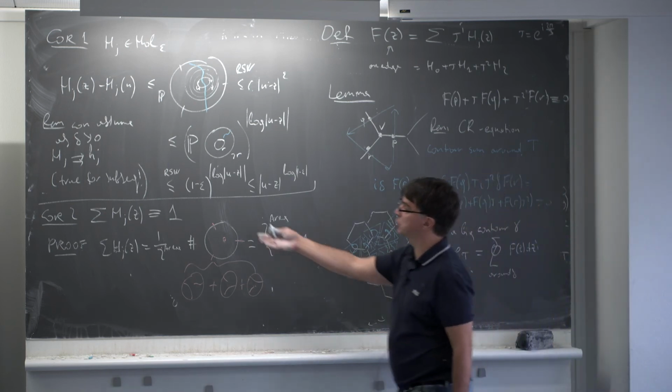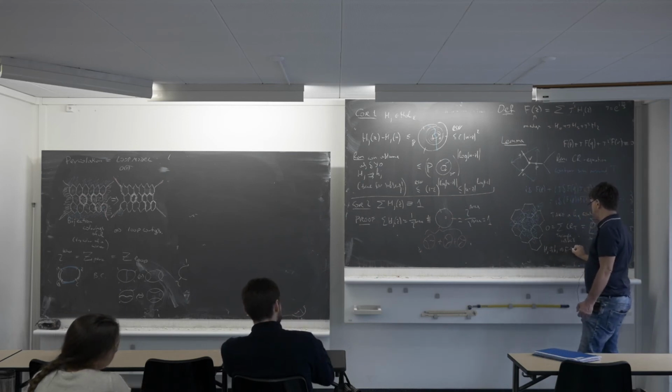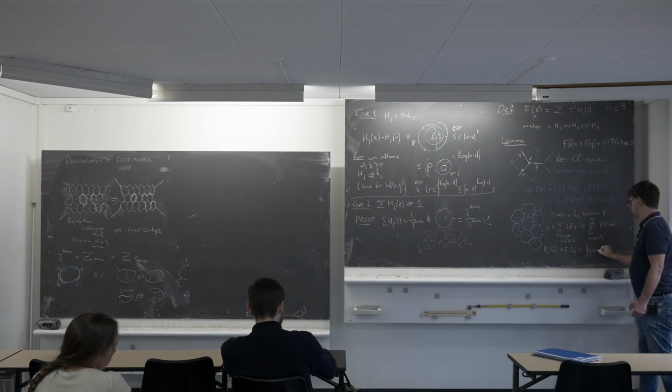And we assume that there is a subsequential limit, so hj converges to hj, then f converges to f, and then it means that the contour integral of f dz is equal to 0, so it means that f is holomorphic. So any subsequential limit is holomorphic.